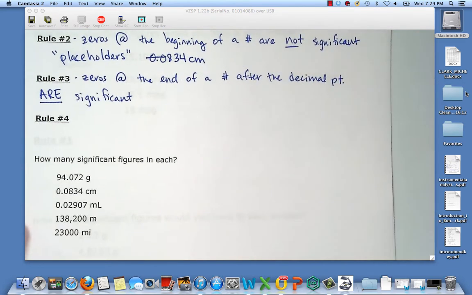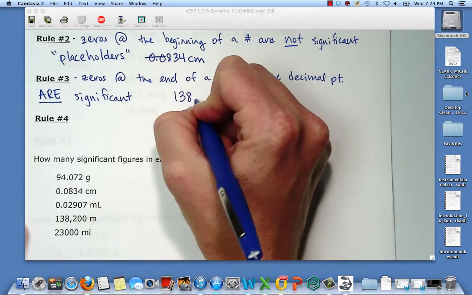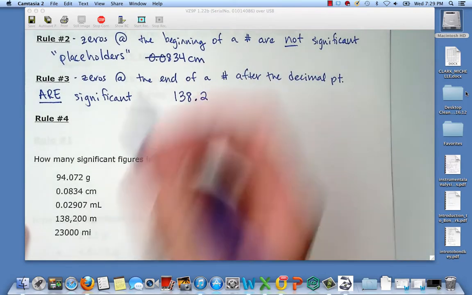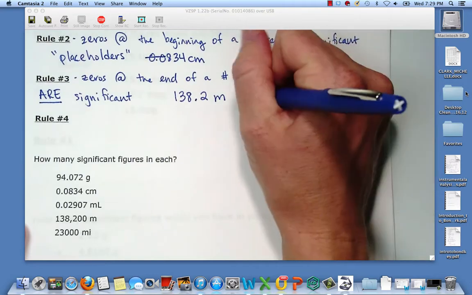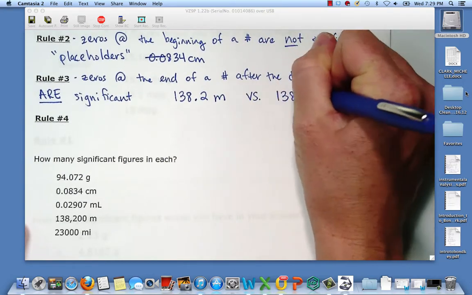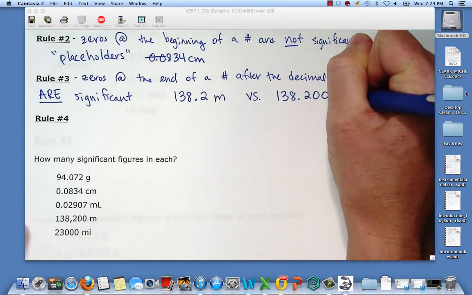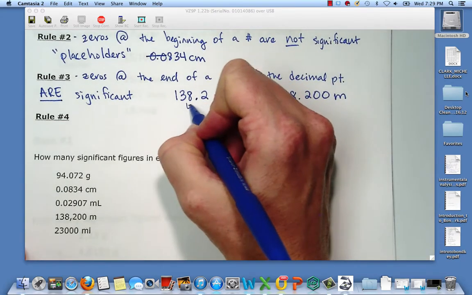So zeros at the end of a number after the decimal point are significant. If I have 138.2 meters versus 138.200 meters, how many sig figs in this first one? 4.